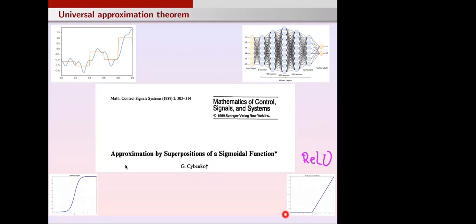This is just the function that takes the value 0 to the left, for x negative, and x to the right, for x positive. So it's a piecewise linear and continuous function. So these are two different sigmoids.